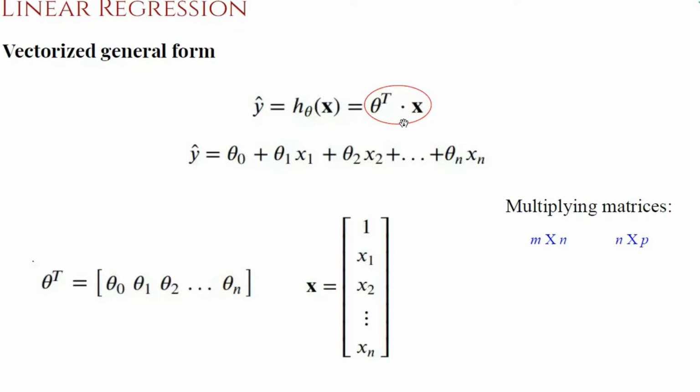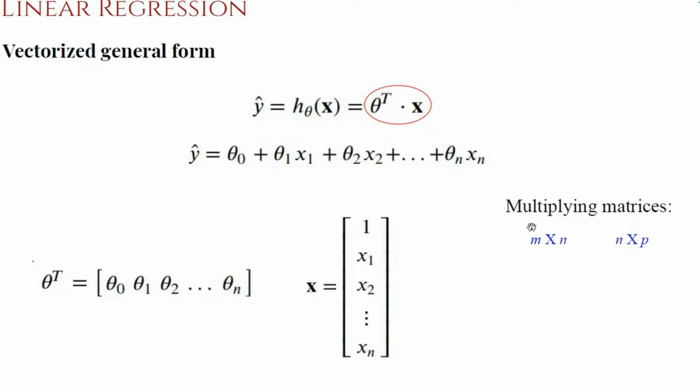When you want to multiply two matrices, there is an important rule to be taken care of: the number of columns of the first matrix and the number of rows of the second matrix should be the same. Otherwise, we won't be able to multiply them.